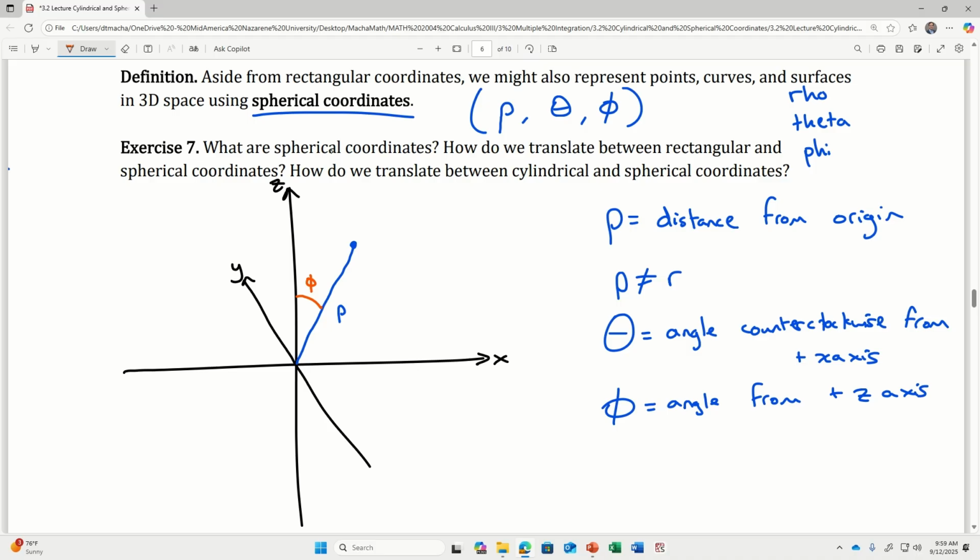And to draw theta here, I would have to draw the projection of this point down onto the xy plane, and then that would be the angle theta. So since we're in 3 dimensions, we still have to have 3 numbers to describe where every point in space is.